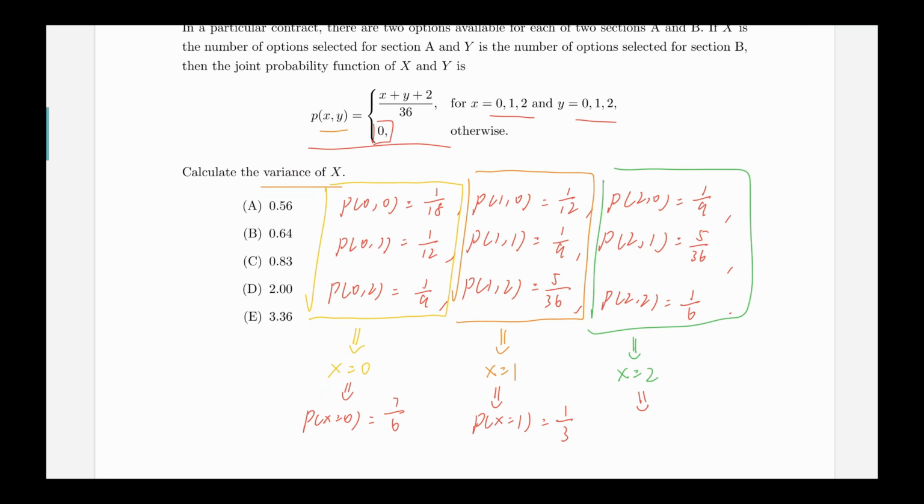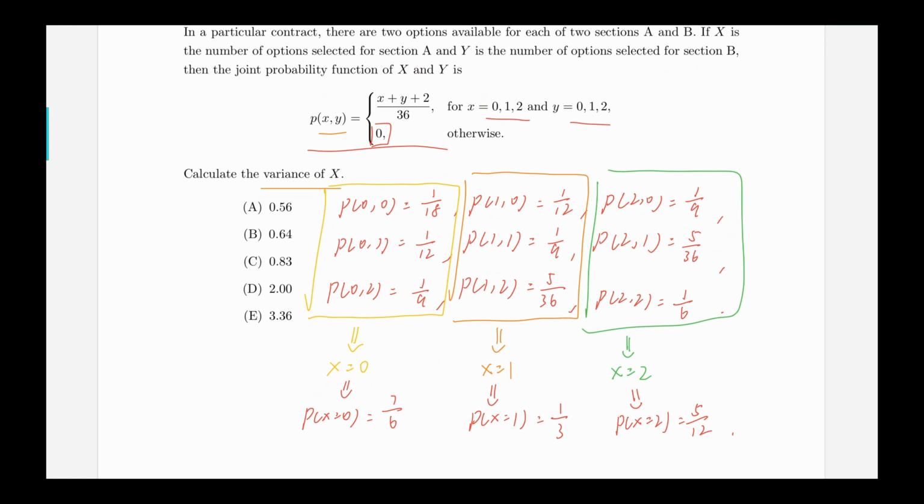And finally, P of x equals 2 equals 5 over 12. Again, if you add these 3 things together, you are supposed to get 1. So on the exam, if it is easy to check, feel free to check so that if you make some mistakes, you are able to catch them.